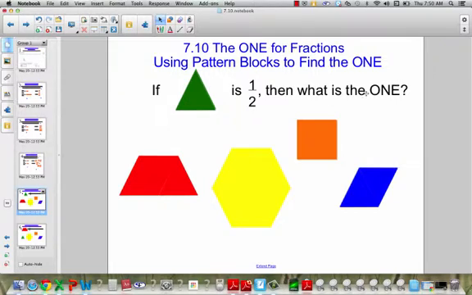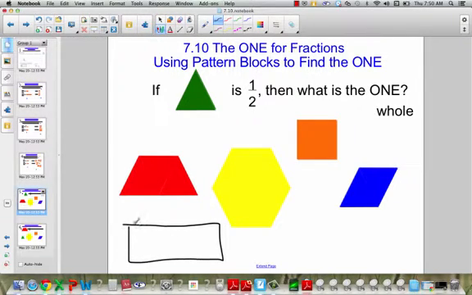Today we're going to be finding the 1 if we're given part of something. So if one triangle is a half, then what is the 1 or the whole? So I could do it like this. 1/2 is 2 boxes.